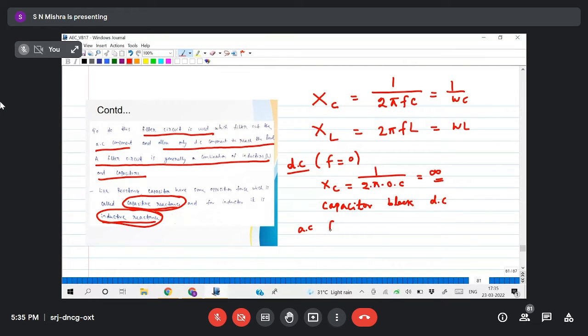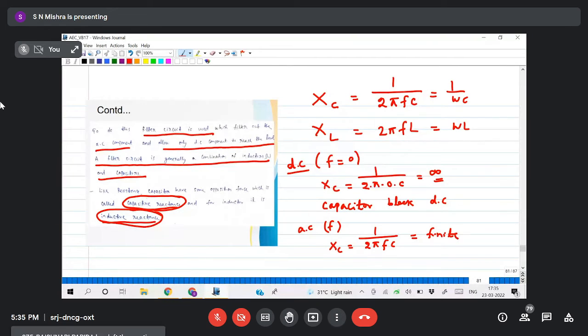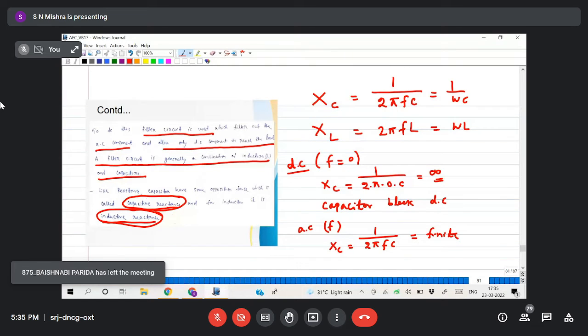AC means it will have some frequency. Okay, not 0, it will have some frequency. So XC will be 1 by 2 pi FC. So it will be finite, not infinite, because F has some value. So compared to this, will it allow AC or not? Yes, sir.